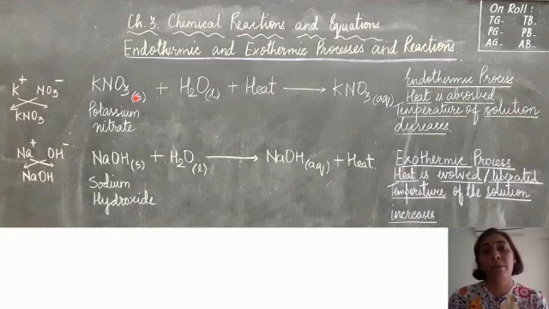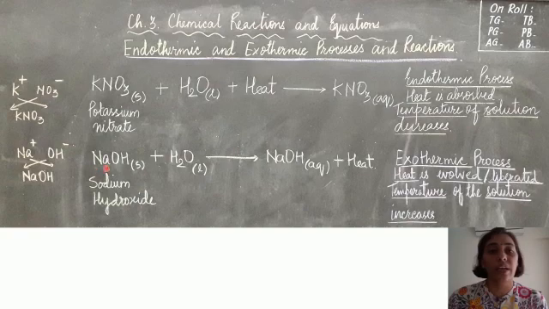If, for example, the temperature of water is 22 degrees Celsius, it will be below 22 degrees Celsius. So it's an endothermic process. Heat is absorbed. Here we are not supplying any heat. It is absorbing the heat from the surroundings, and the temperature of the solution decreases.